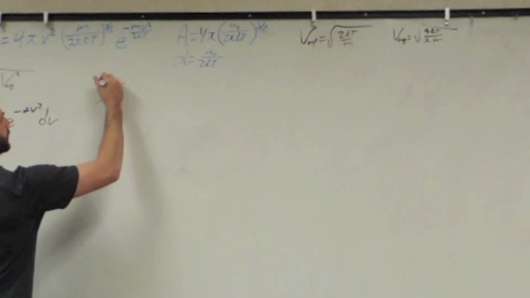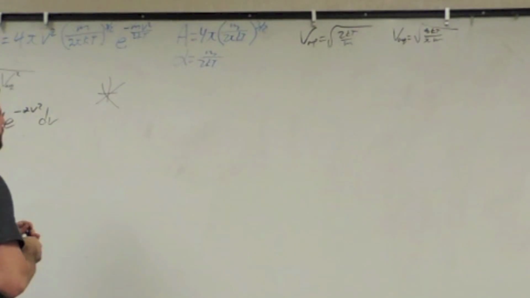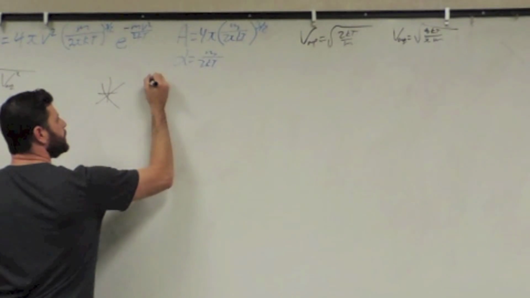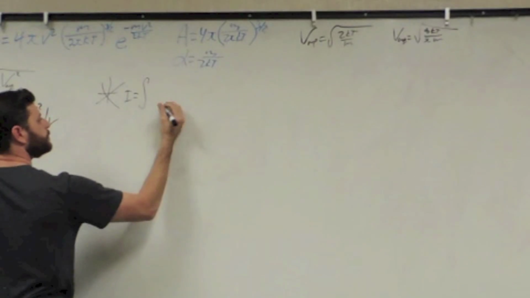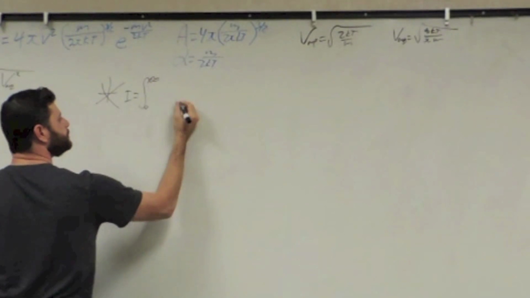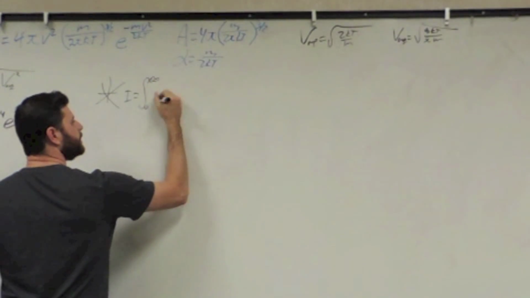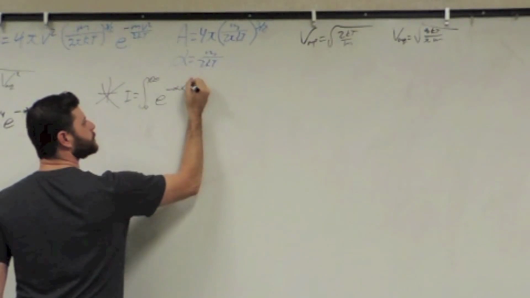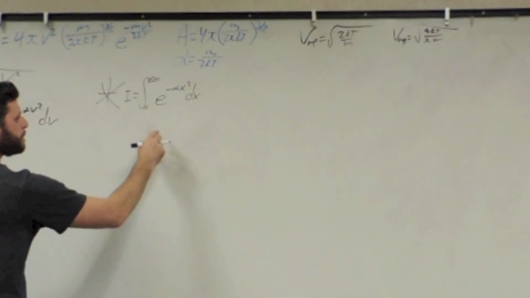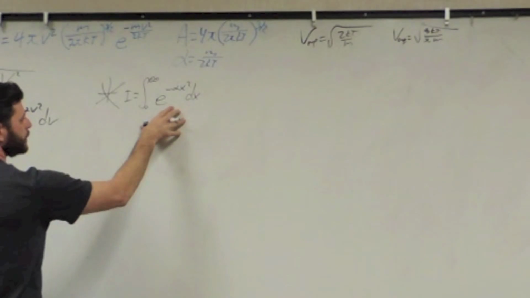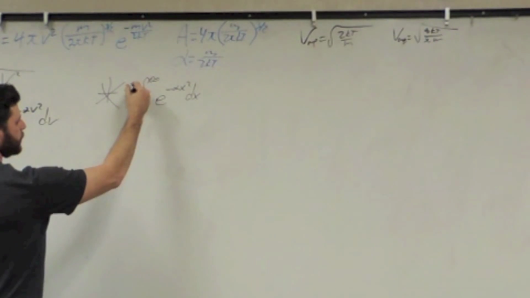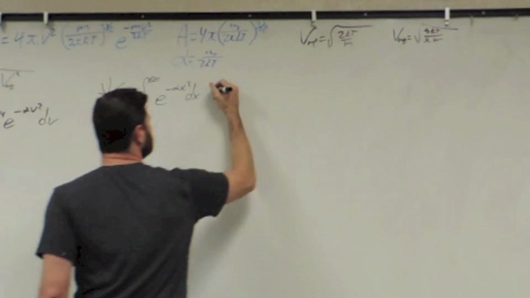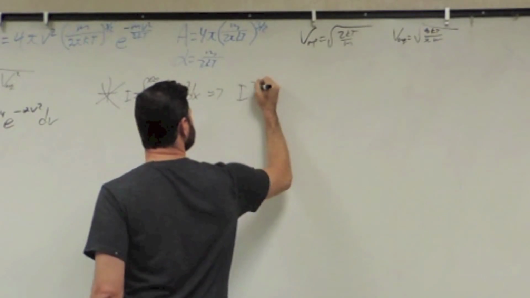So where our little trick comes into play, we can just take a basic integral, 0 to infinity, of e to the negative alpha x squared dx. When we double this, not double, I'm sorry, we're going to square this, square both sides.